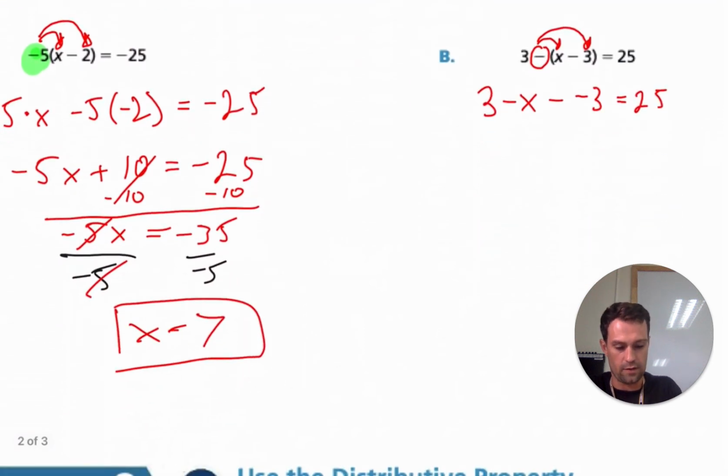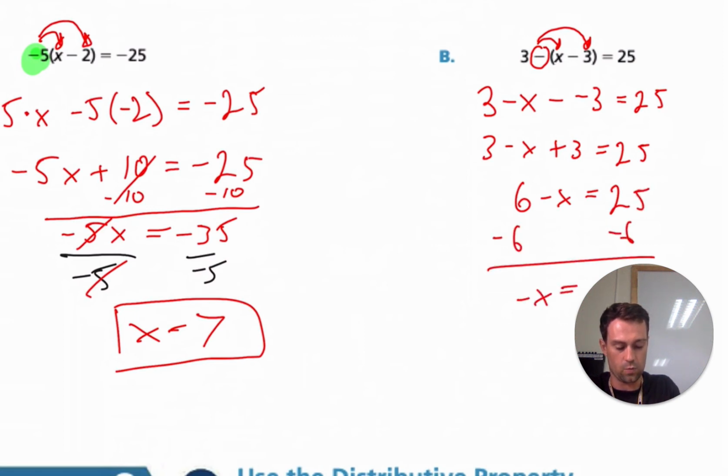So we will have 3 minus x plus 3 equals 25. 6 minus x equals 25. Subtract 6 from both sides. Negative x equals 19. So x is equal to negative 19. Okay?